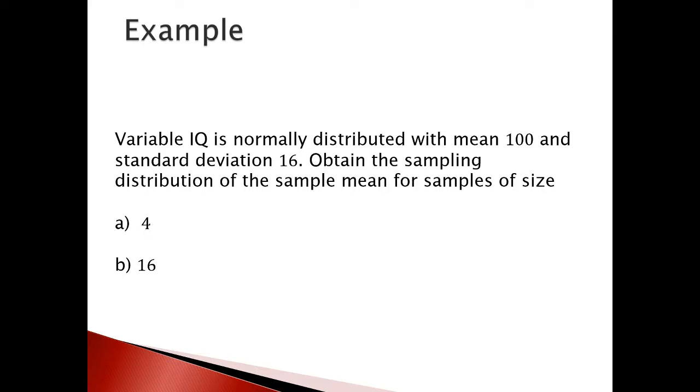So we can say that our sampling distribution of the sample mean is a normal distribution with mean 100 and standard deviation 8. Now let's pick the sample size 16. Then we can calculate 16 over square root of 16, that is 4. So our sampling distribution is a normal distribution with mean 100 and standard deviation 4.